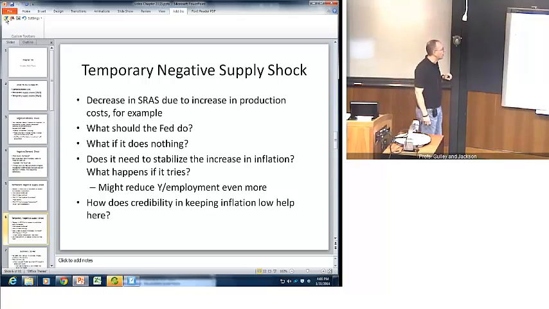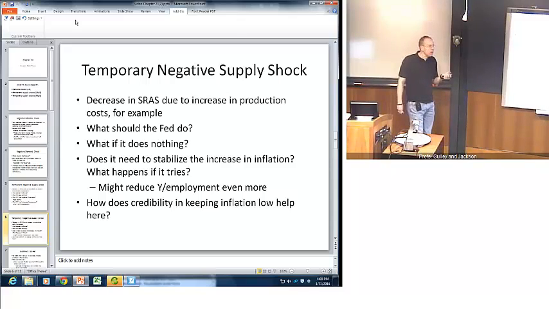Now suppose we have a temporary negative supply shock. The difference now is that we don't have any long-run factors in the economy changing. We just have some temporary factors changing so that only the short-run supply curve shifts. So for example, suppose there's a temporary increase in firm production costs.